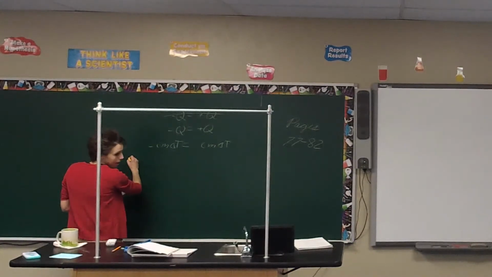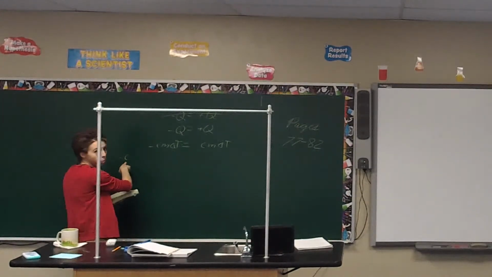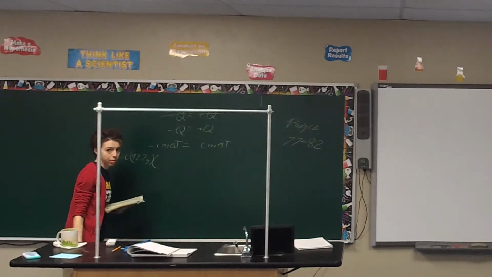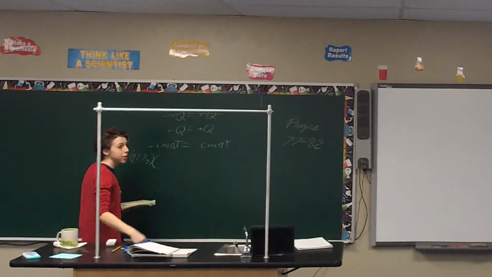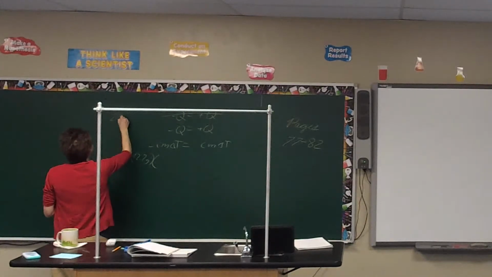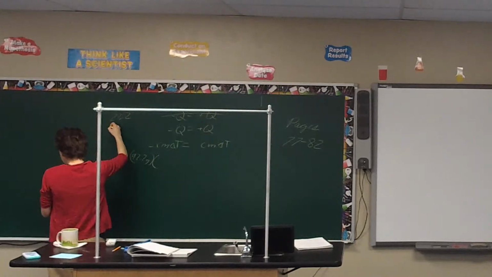So writing off to the side, yeah, you can still see this. So negative C, I don't know the specific heat of gold, but that's what we're finding. So the mass is 92.2 grams. The change of temperature, remember how do I find change of temperature? It's final minus initial, so you get good habits of getting the correct sign. So the final temperature is 23.2. I'm going to leave off degrees Celsius right now, but it started at 100 degrees.